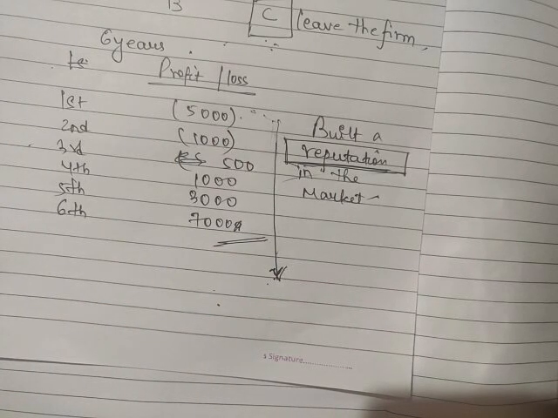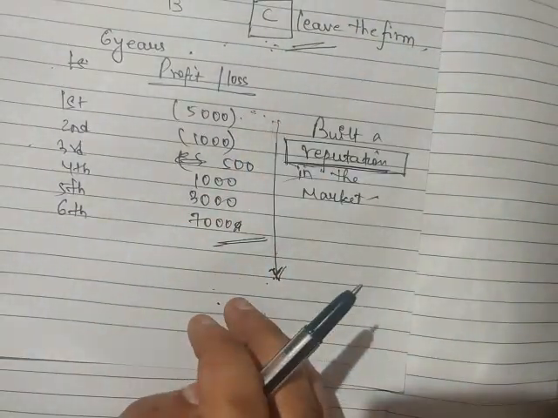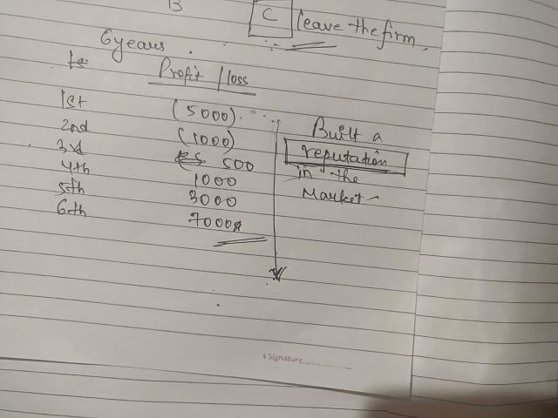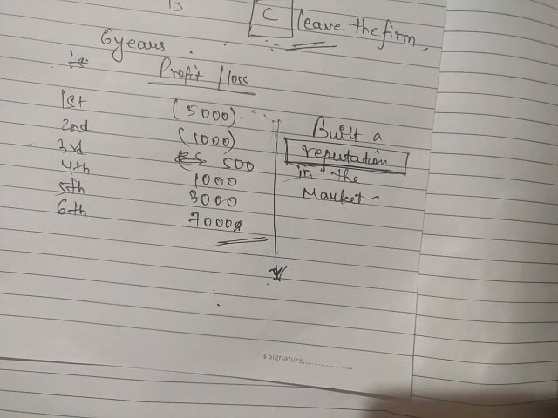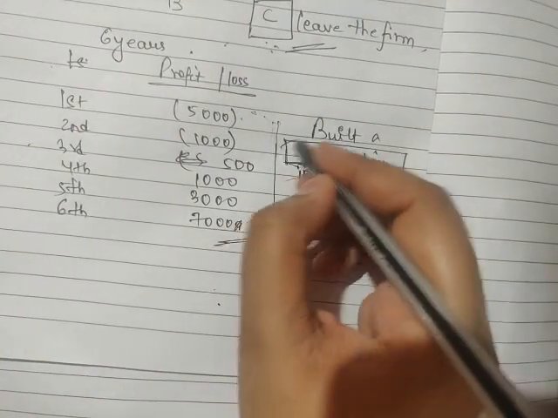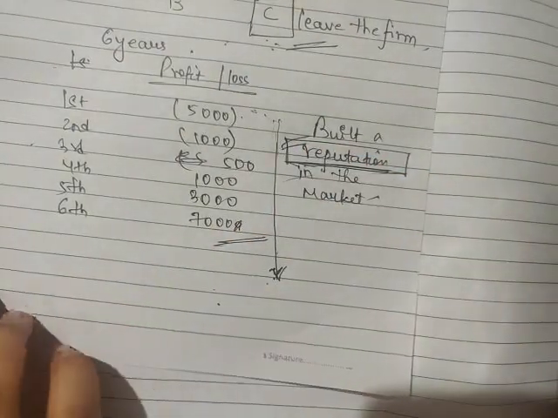Now, since C will not be benefiting from this reputation in the future, therefore, we value goodwill on the date on which he is leaving and pay him a certain portion basis the profit sharing ratio to compensate him for the efforts that he did in building this reputation.